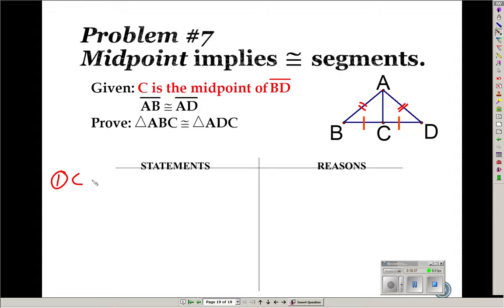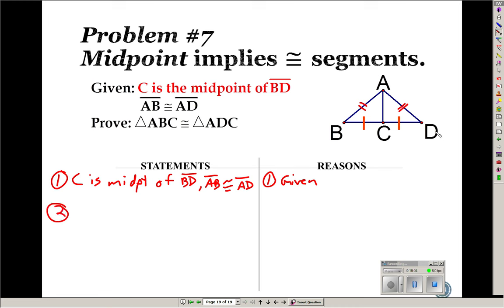Statement 1, C is the midpoint of segment BD, and segment AB is congruent to segment AD. And as always, that's given. Then, remember, we have a midpoint, so the two half segments are congruent.